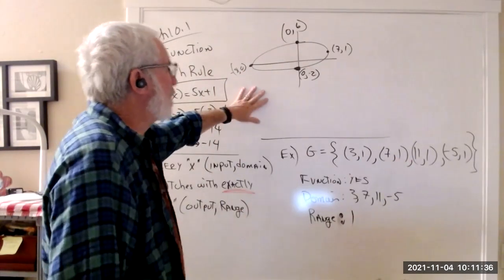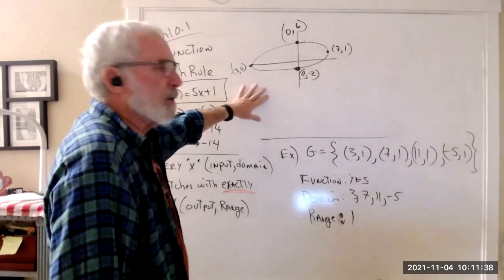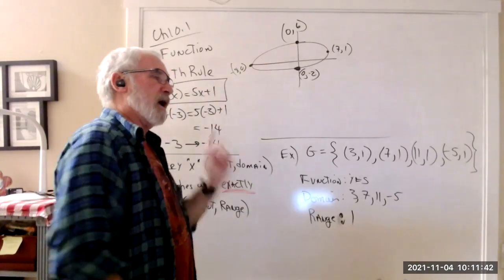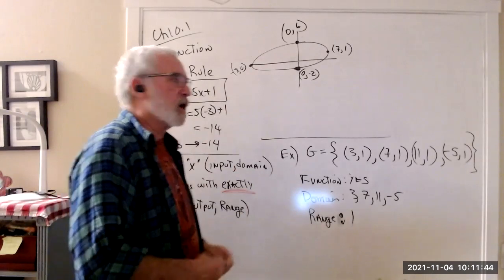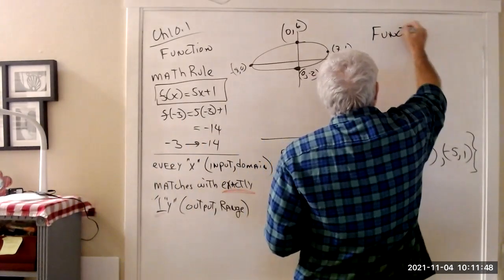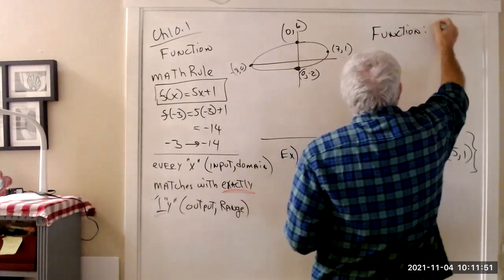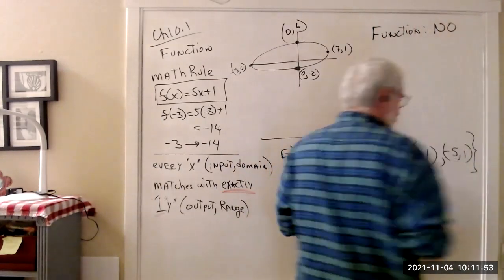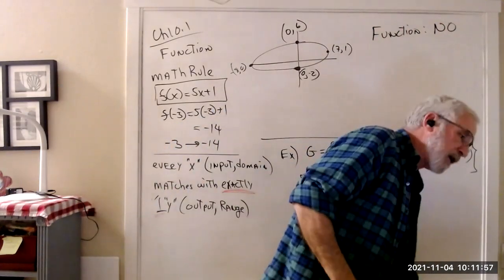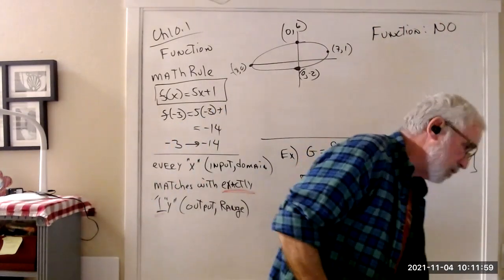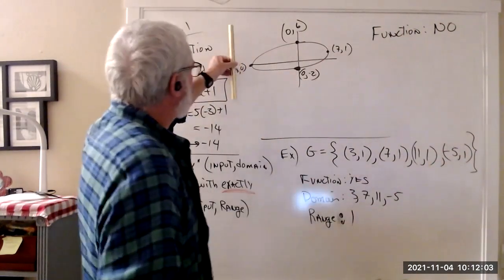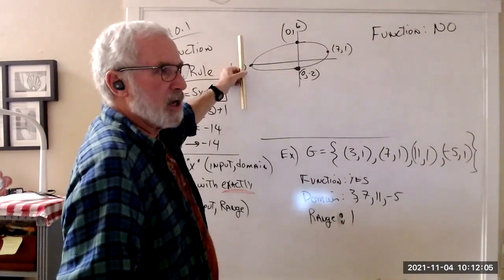Then we went to this problem, an ellipse, and I give you some information, but is it a function? And the answer is no, it is not a function. For a couple of reasons. If you have a picture, then you can do what's called the vertical line test.